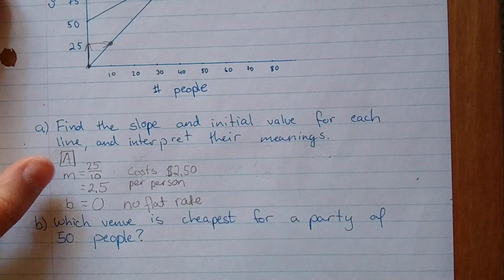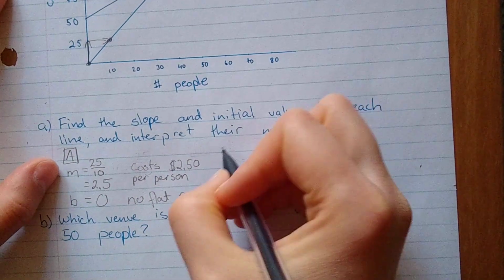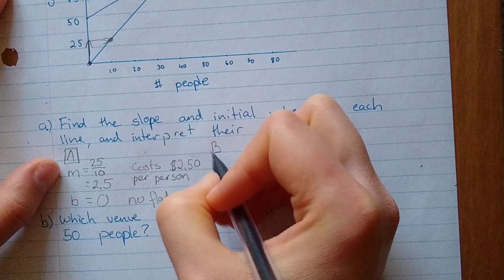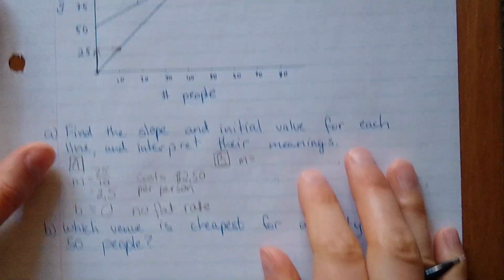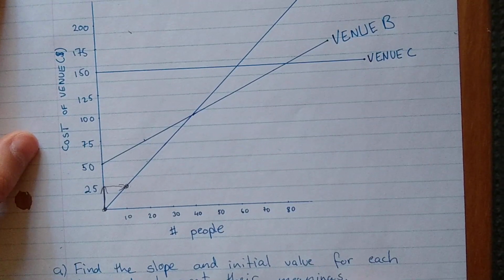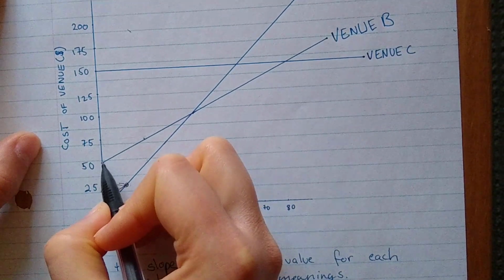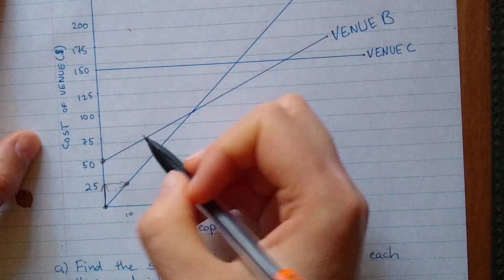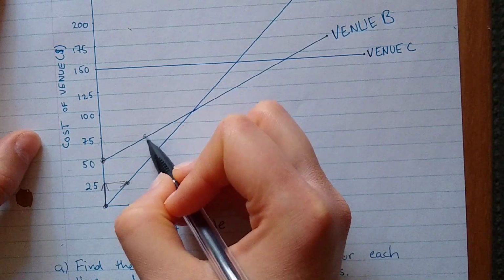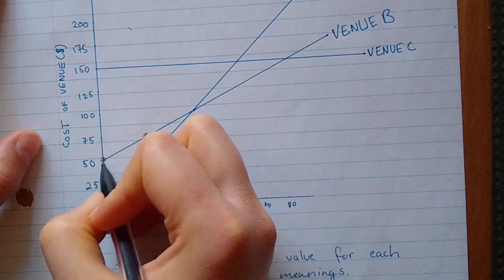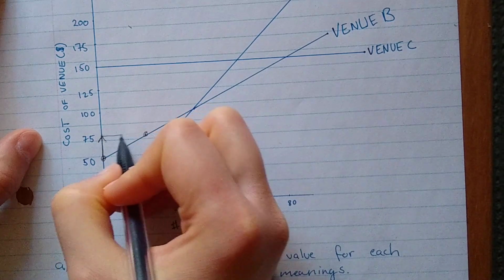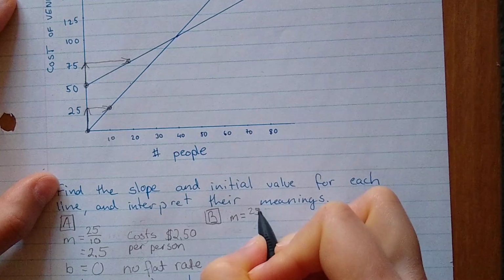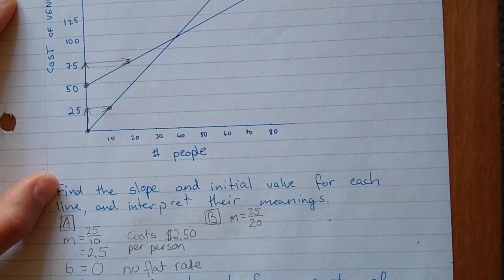Let's look at venue B. So our slope is, let's see, venue B here. We have this point here at 0, 50, and then we have this point here at 20, 75. So we can go up from 50 to 75 is 25, and from 0 over to 20 is 20. So our rise over run will be 25 over 20.